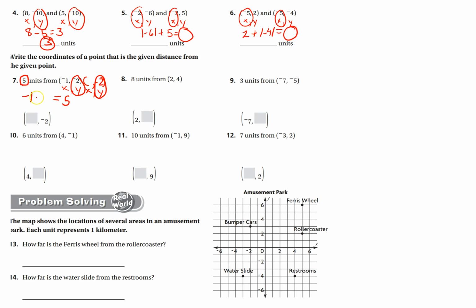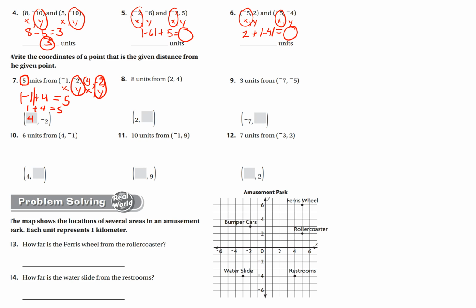So we're going to want to add absolute value of negative 1 plus what equals 5. So the absolute value of negative 1 is 1 plus 4 would give us 5. So this x has to be 4.